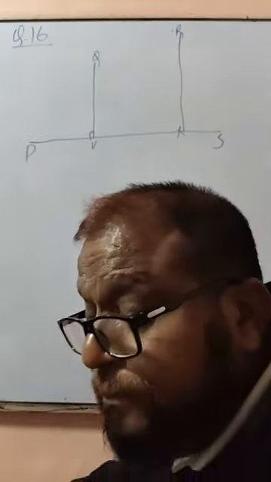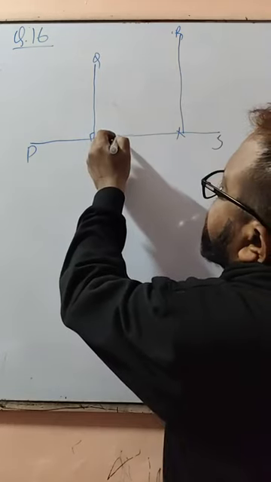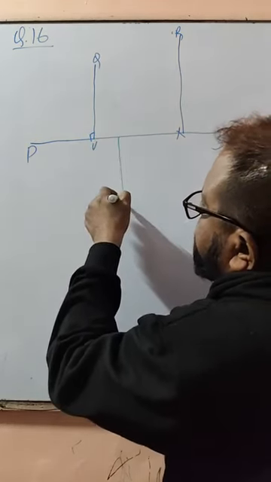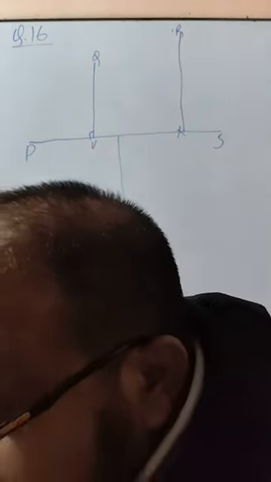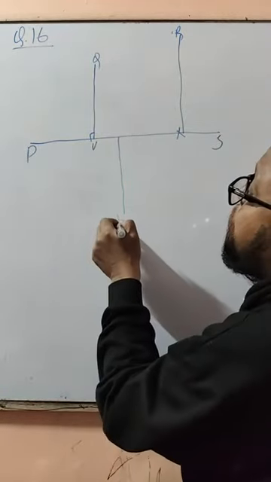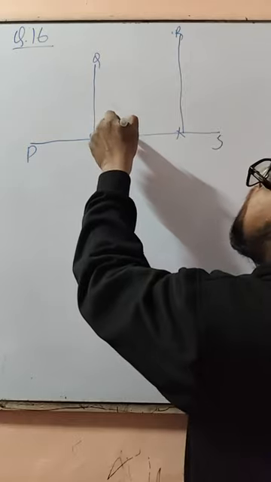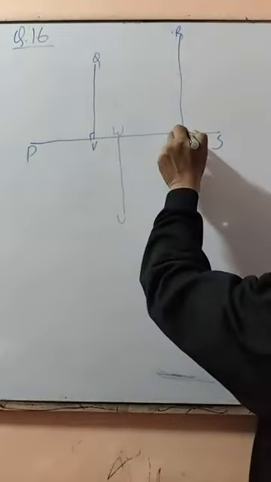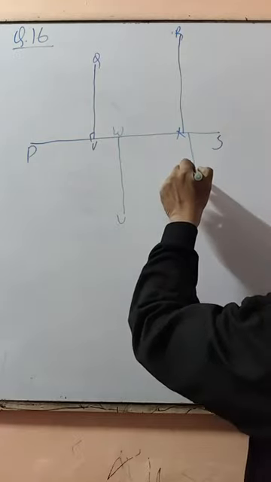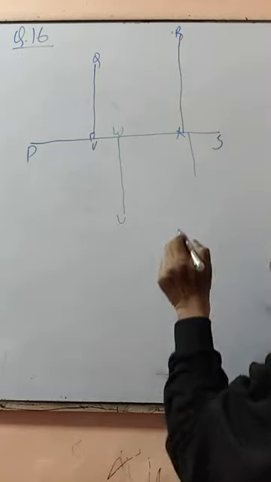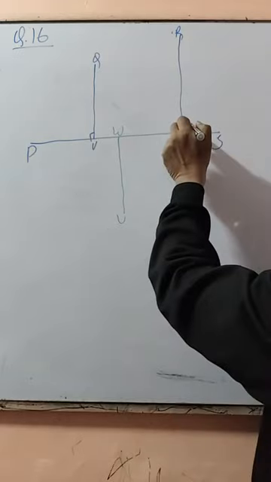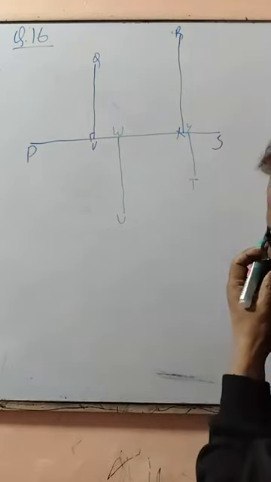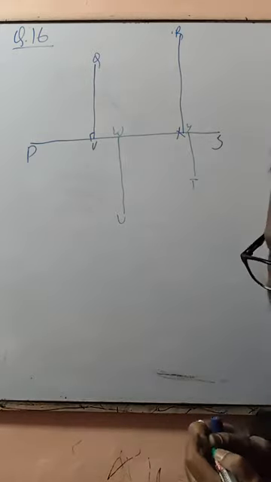This is W, right? Yes, sir. And there is one more, that is YT. Y and T. This is right.